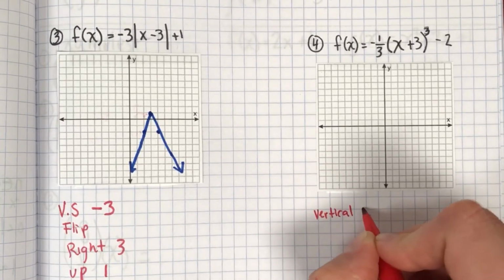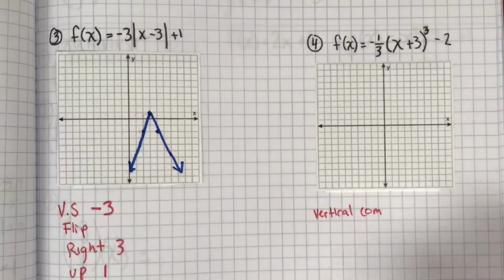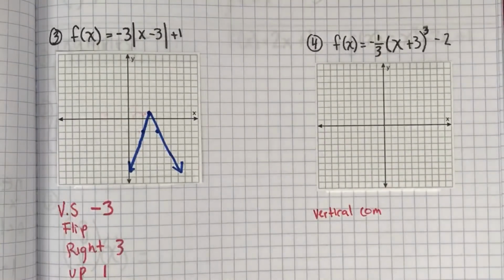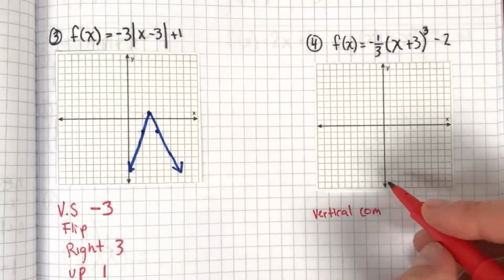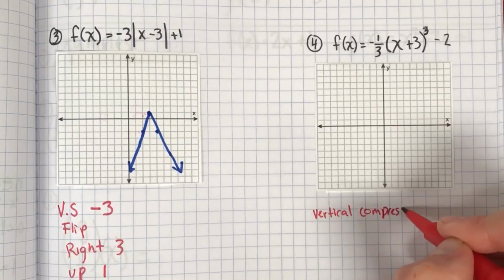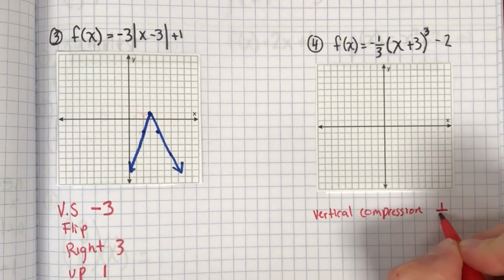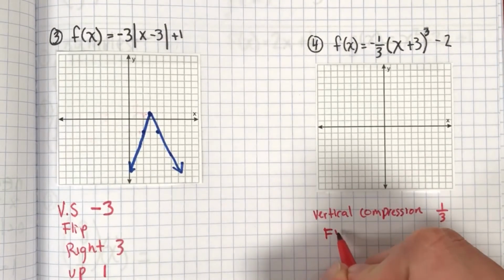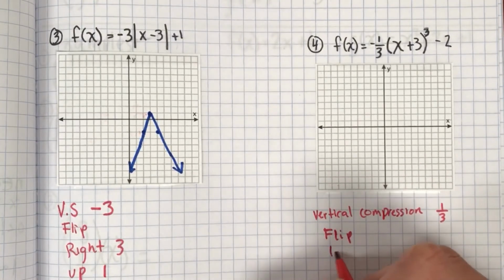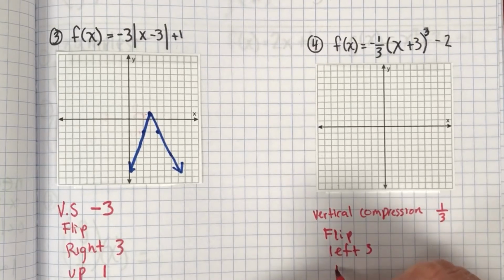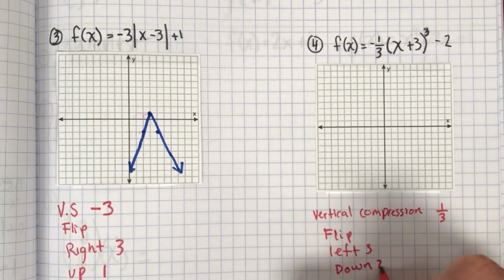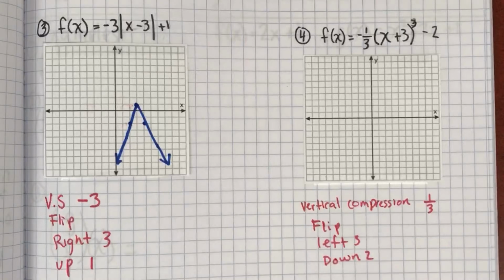So we have a vertical compression, and if you just want to say VS, not too many people are picky on how they want that written. We've got a 1/3, we flip, and we go left 3 and down 2, so we've got a lot going on.